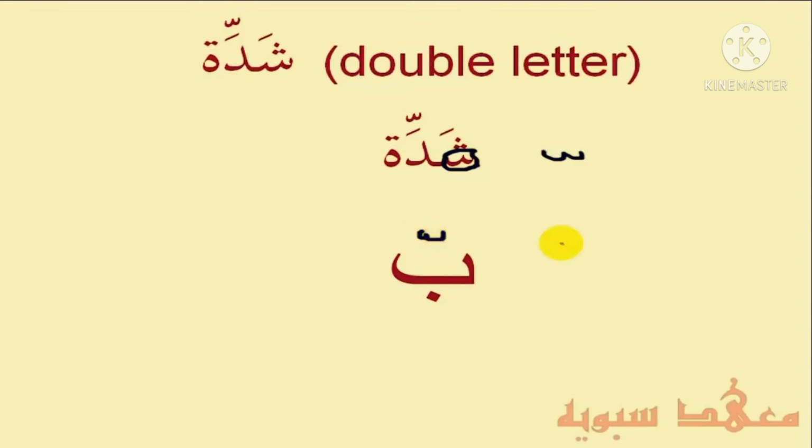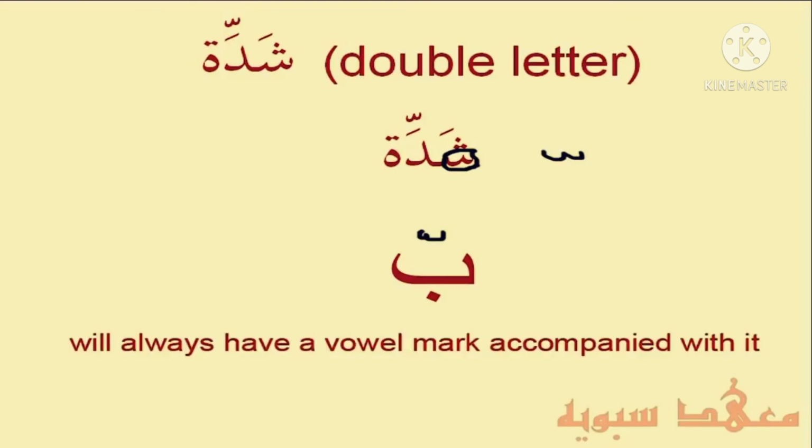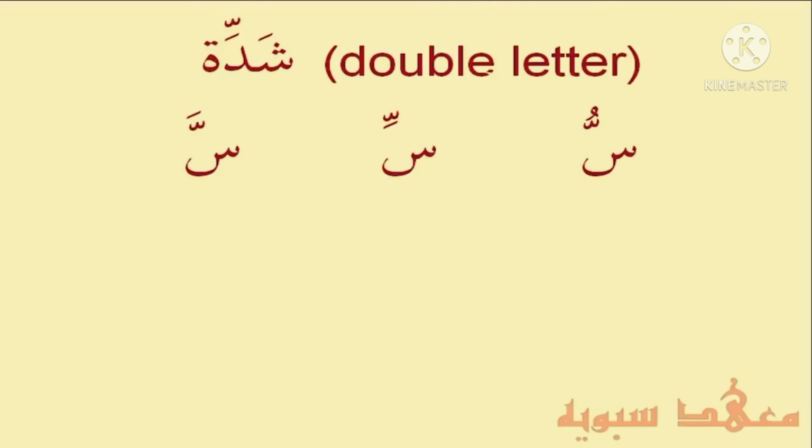So if we want to double this letter, what we do is we add the shadda. Now, a point to note is that the shadda will always have a vowel mark accompanying it: either the fatha, the dhamma, or the kasra. So, for example, we have here three seens with a shadda and the three different harakat. As you can see, the shadda with a dhamma, the shadda with a kasra, and the shadda with a fatha.